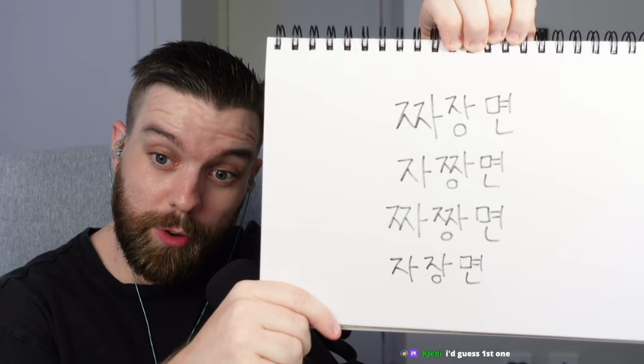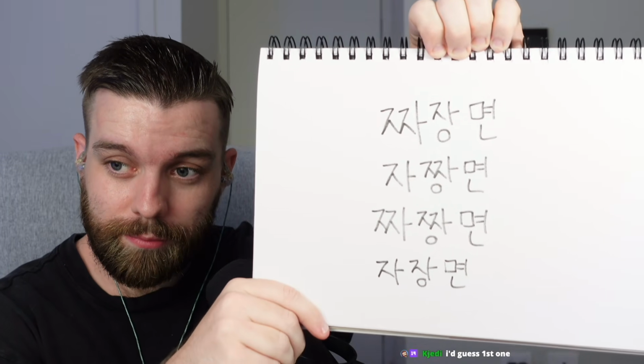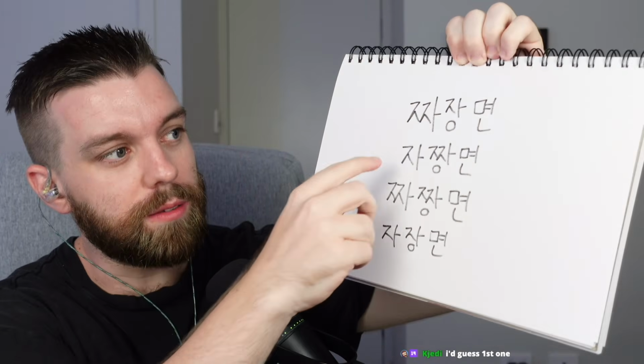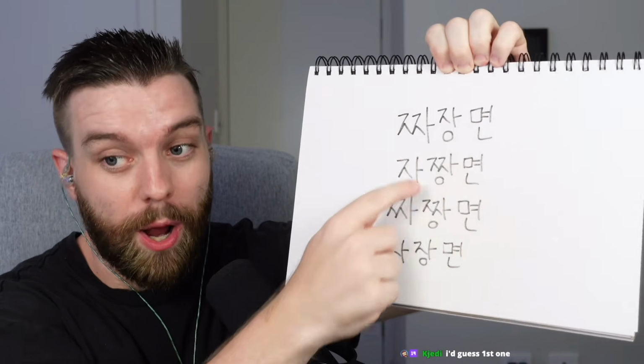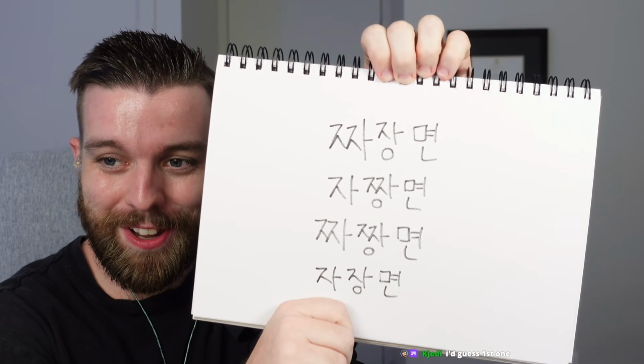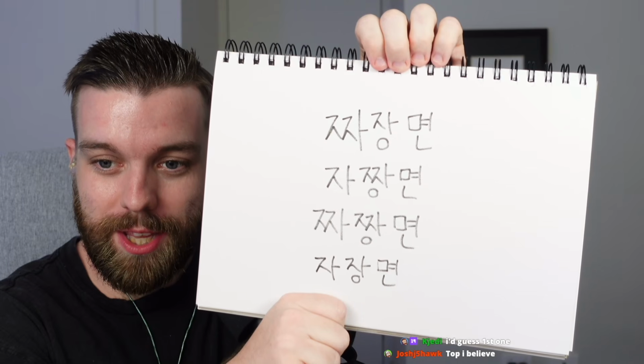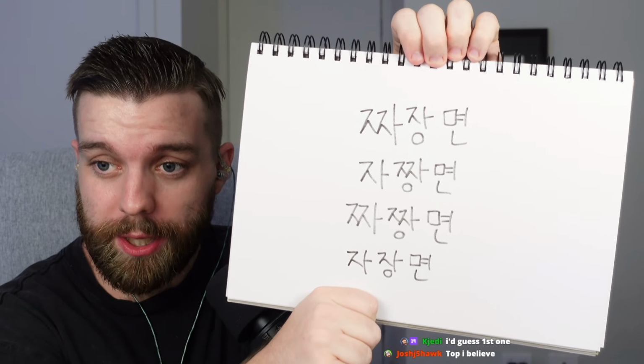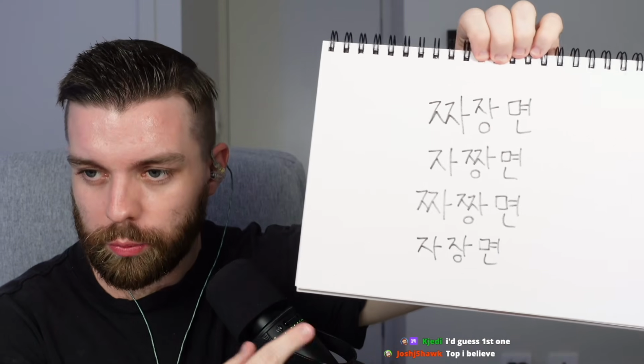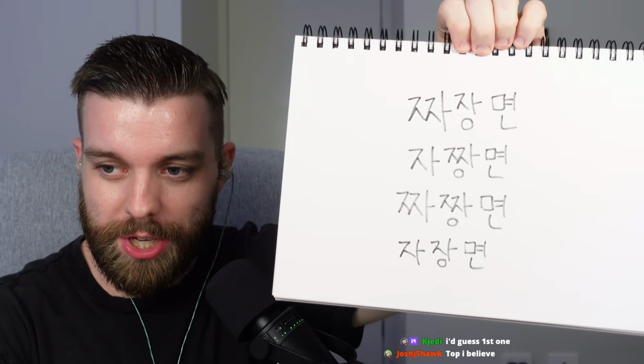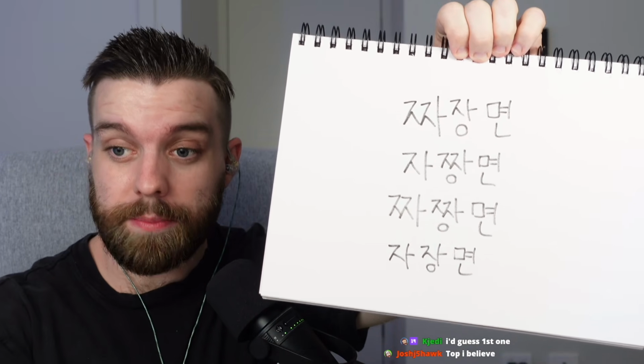Little difficult. A difficult word because the tongue follows right after. But, you know, this is kind of the extent. Top. It is the top, indeed. Whether it was written initially or not, in the chat, the top is indeed it. 짜장면. Right?